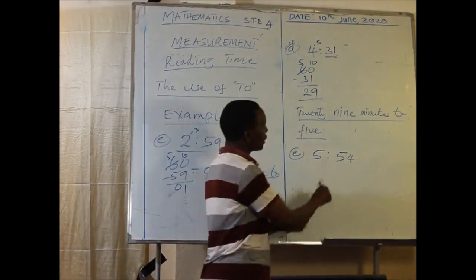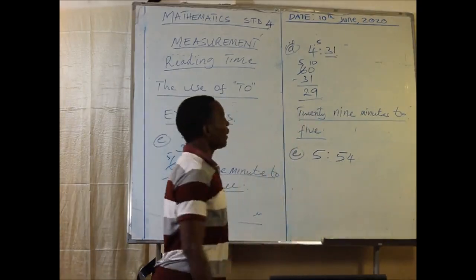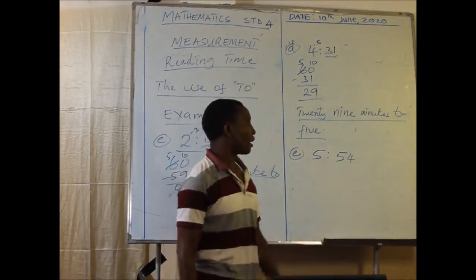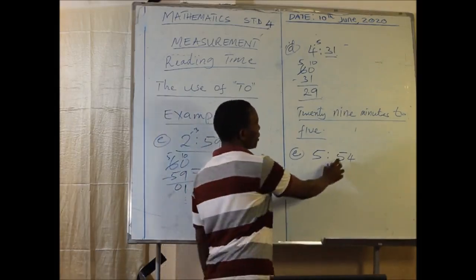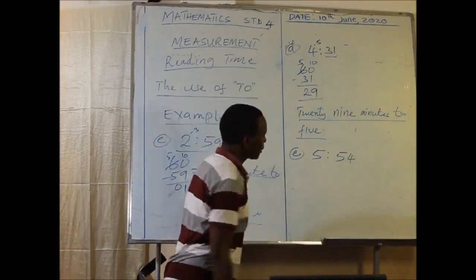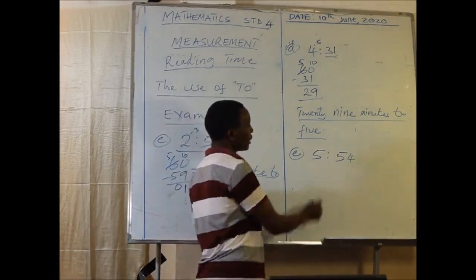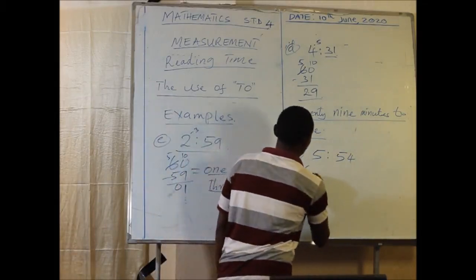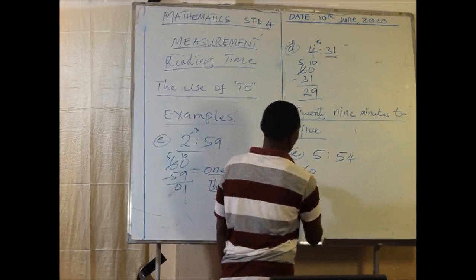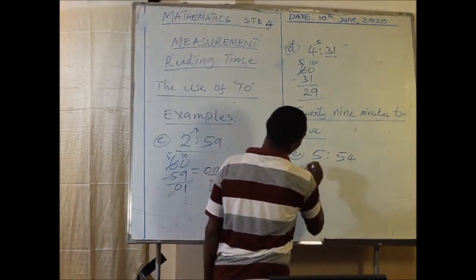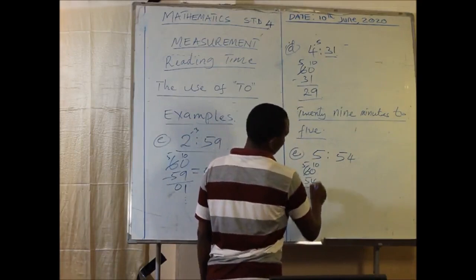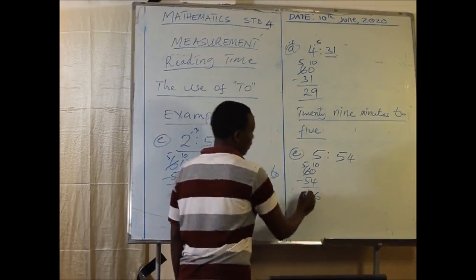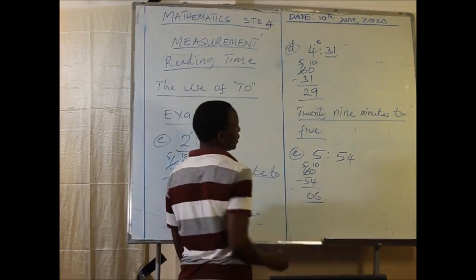If you check the minutes, it has already passed 30 minutes, which is half an hour. Now we need to change our approach: we must subtract from 60 minutes to get the remaining minutes. 60 take away 54. Let us subtract. We borrow 1 here, remaining 5. This is 10. Subtract here, remaining 6. So it is 6 minutes.